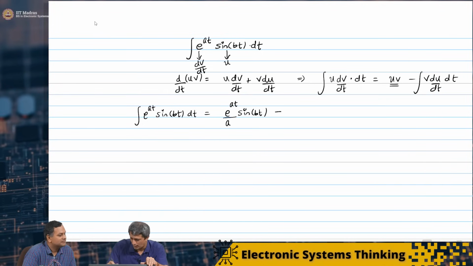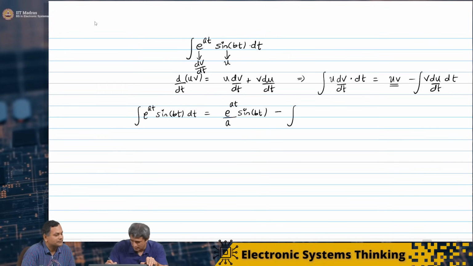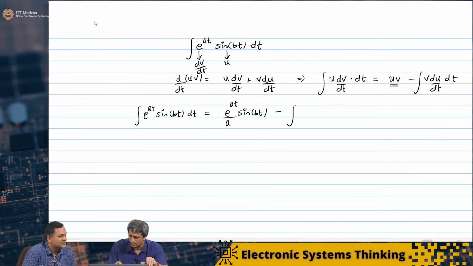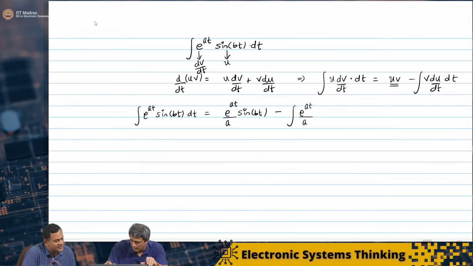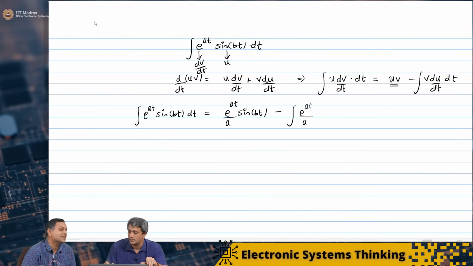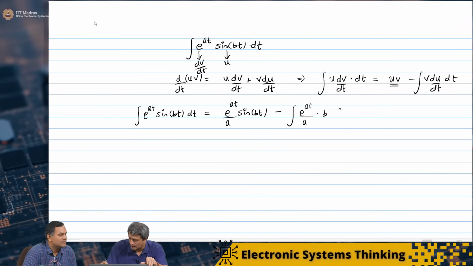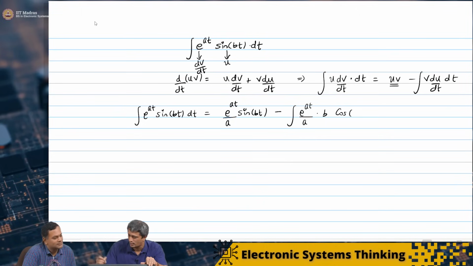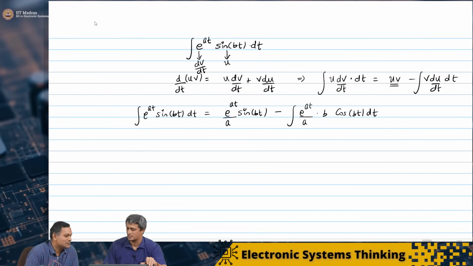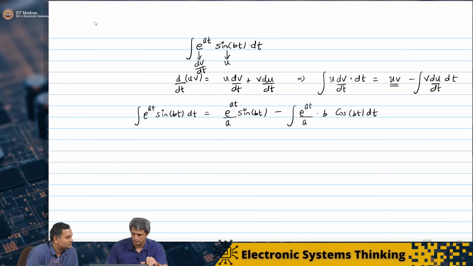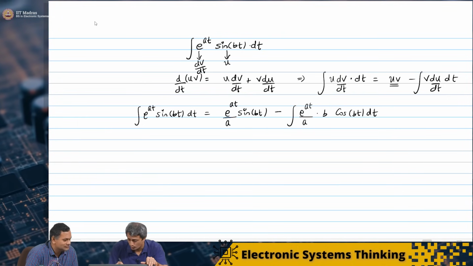Minus the integral, again the v is going to come out like this: v is e^(at)/a into du/dt. So I'll get b times cos, as you mentioned. So still this doesn't give us the answer, okay?